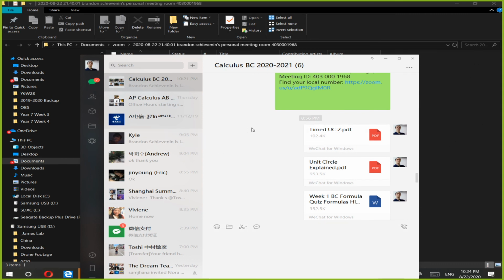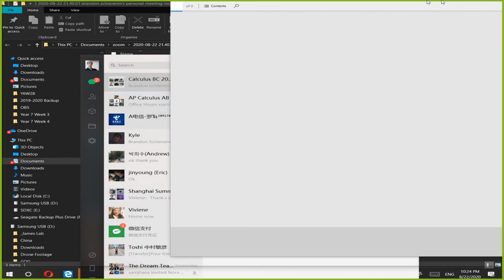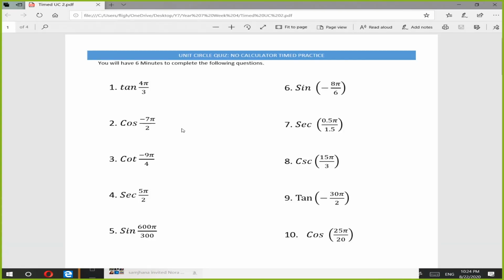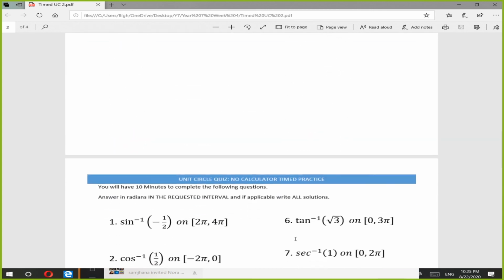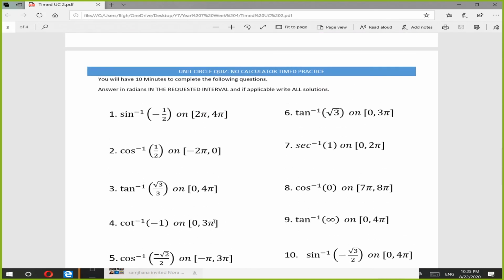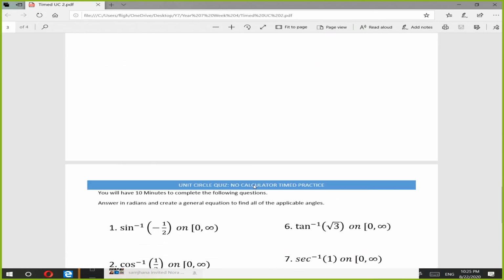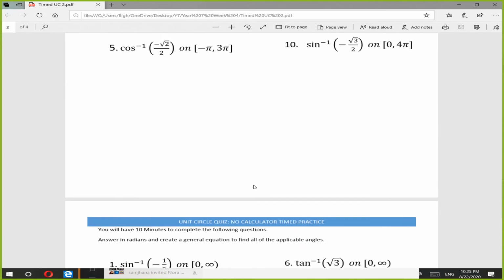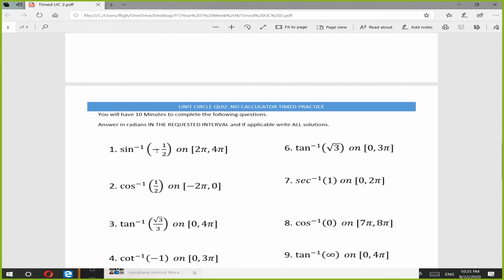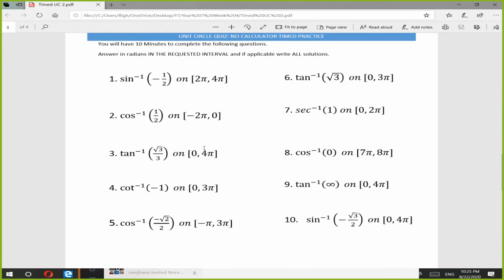Oh yeah, I was going to pull up this timed quiz. Okay, so the goal is eventually to get to something like this as a timed quiz, where I can really quickly time you on unit circle values, as well as do a couple things with intervals. You can see my times previously.